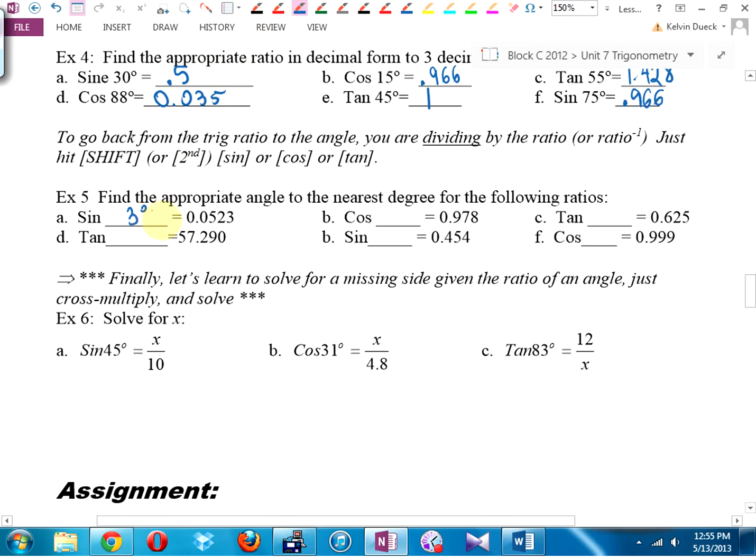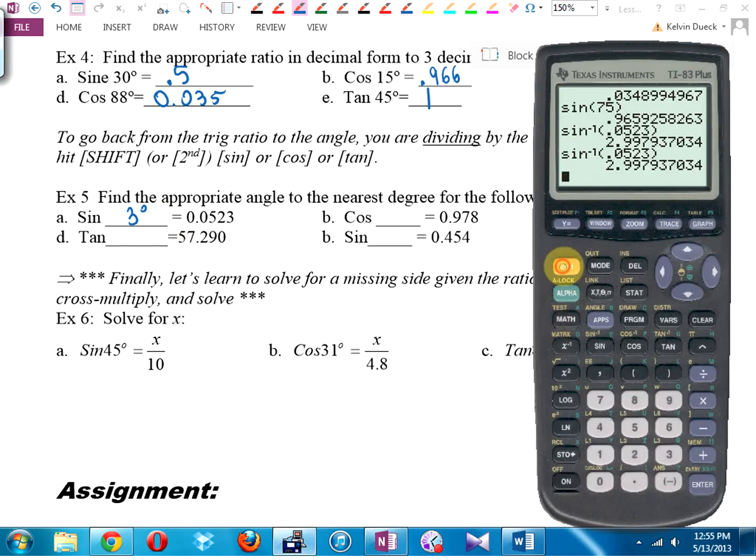Let's suppose you went cosine and you got an answer of 0.978. What angle did that come from? B, second function or shift, cosine of 0.978. Close bracket. Some of you may not need to. Now of course, you have to do everything backwards. You figured that out, yes? 12 degrees.